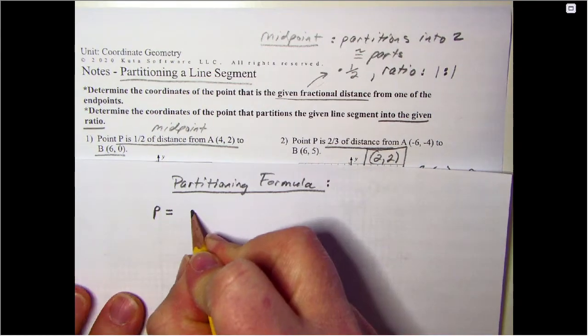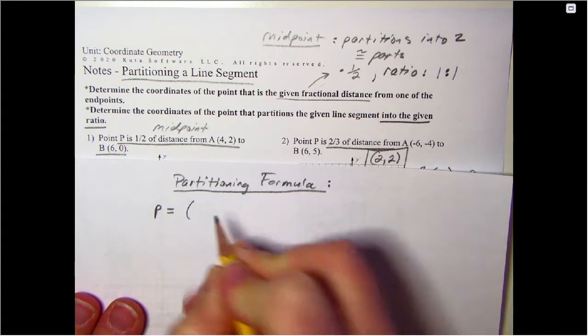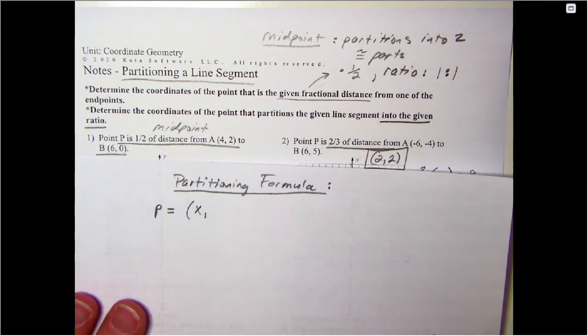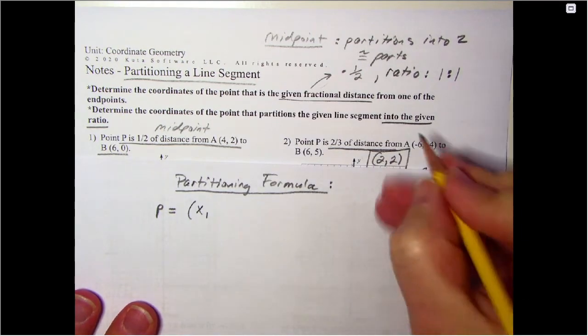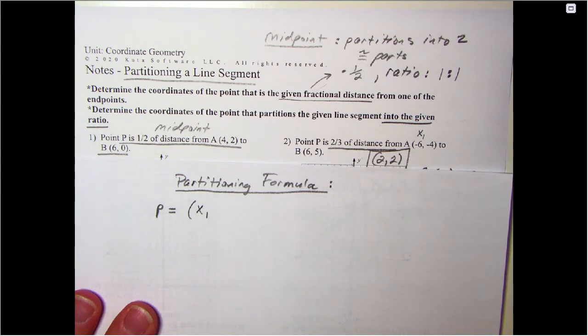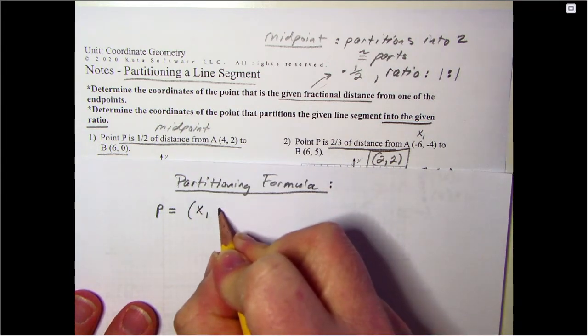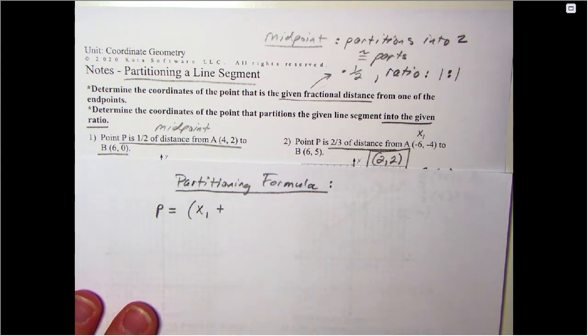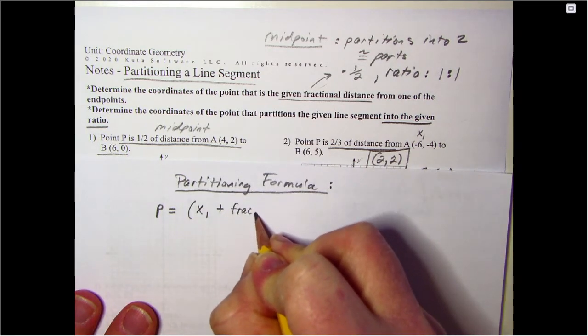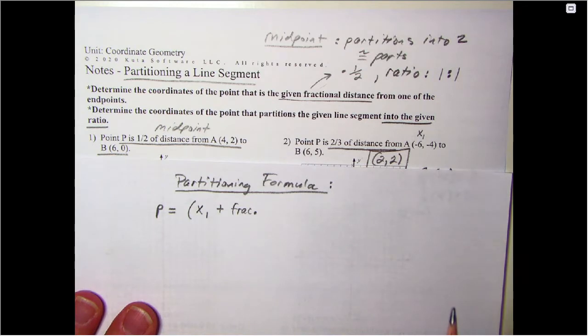Okay, so to find the location of this point, we start with, well, where did we begin at? x1. All right, so x1 in the problem we were doing here would be point A. So I got to start at x1, and I got to add the fractional distance. I'm going to abbreviate that with the word frac.